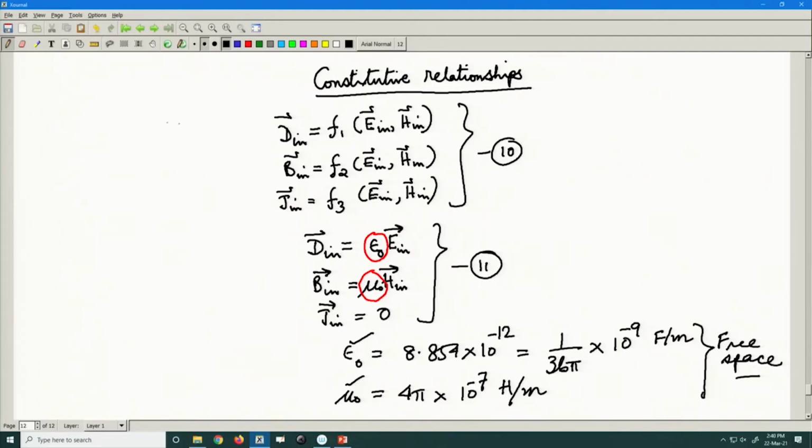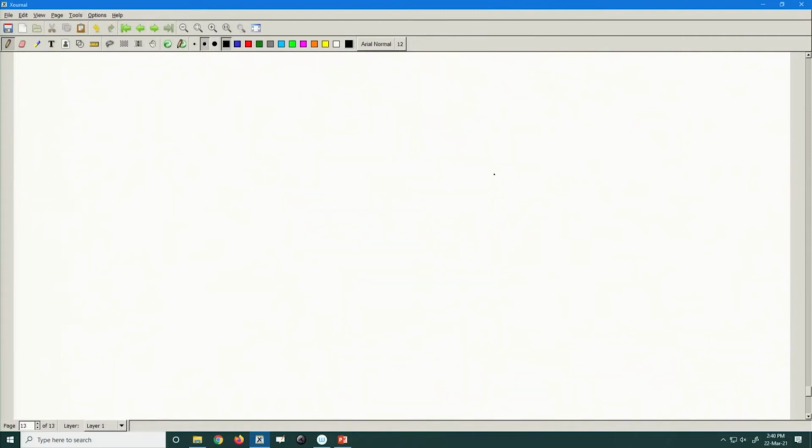If the matter is different from free space, for any other kind of matter, then we will have the relations D in equal to epsilon 0 epsilon r E in, that is equal to epsilon E in, where epsilon r is the relative permittivity and epsilon is the permittivity.